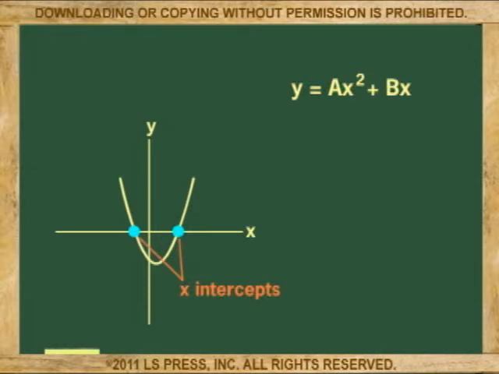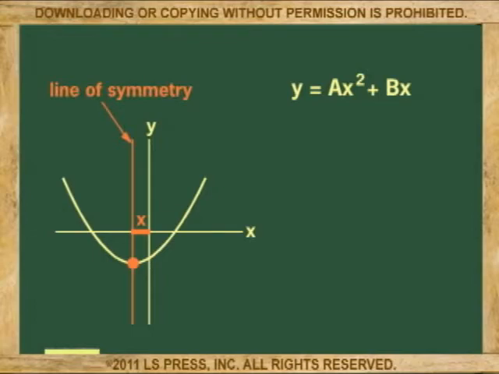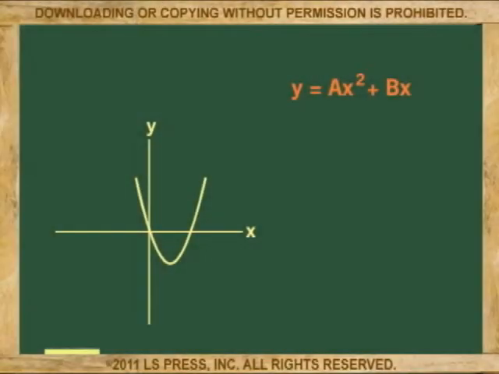You see, if we know the values of x when y is 0, all we have to do is find the average of the two values, and the average has to be the vertex value of x because parabolas are symmetrical. So, we take the y equals ax squared plus bx equation and factor x, giving us y equals x times (ax plus b).